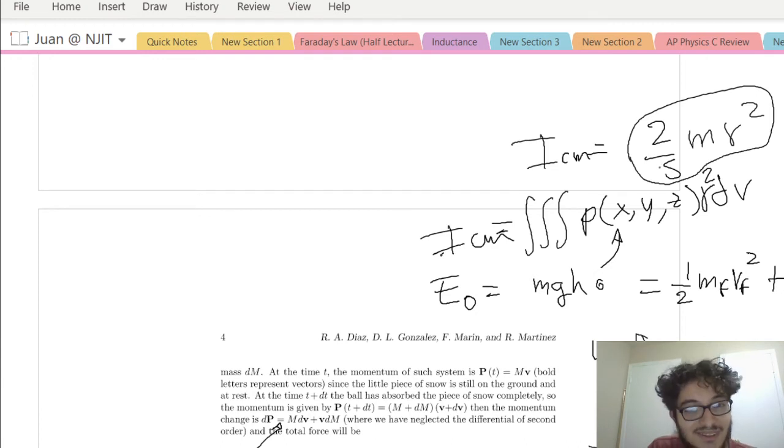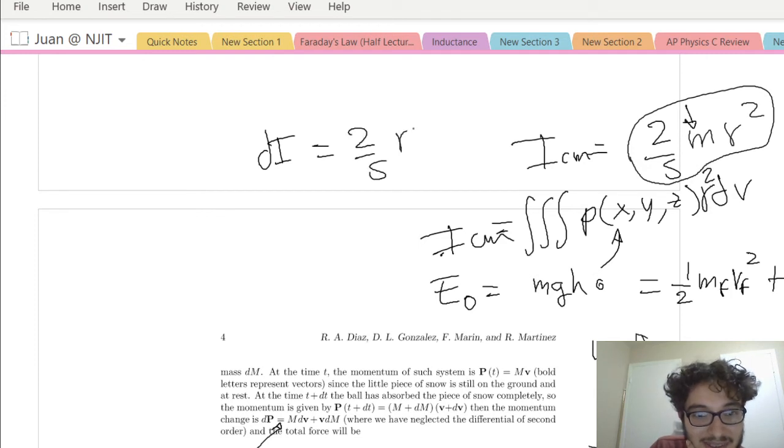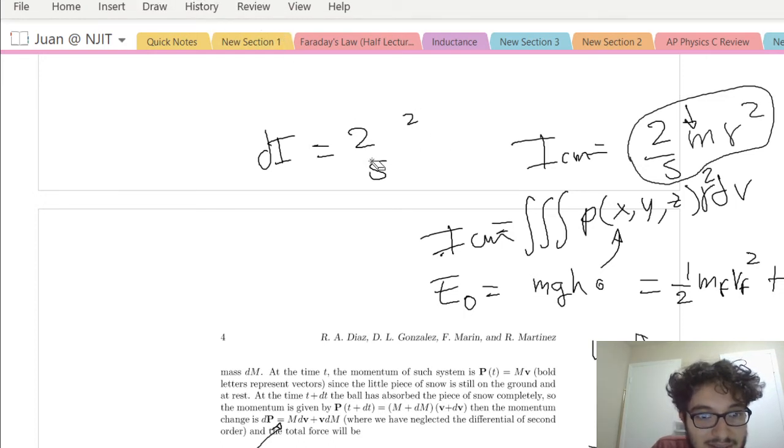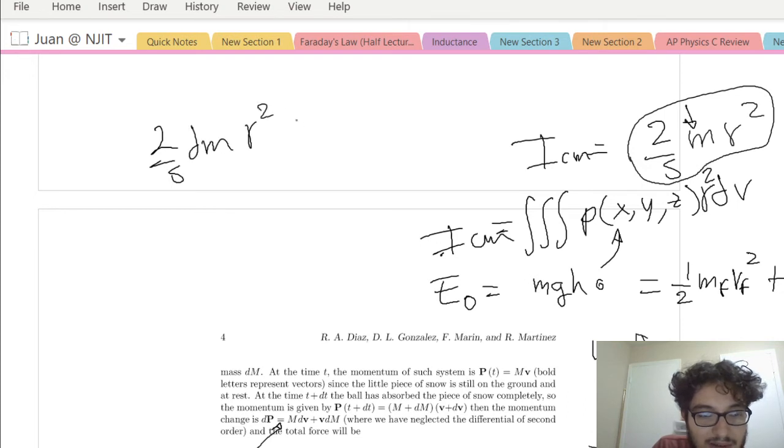However, it's not constant because the mass is changing. So dI is going to be 2/5 r squared dm, right? Or actually, that's not the only thing that's changing. Did you notice? The radius is also changing. So the moment of inertia differential is 2/5 dm r squared plus 2/5 times 2r dr times mass.